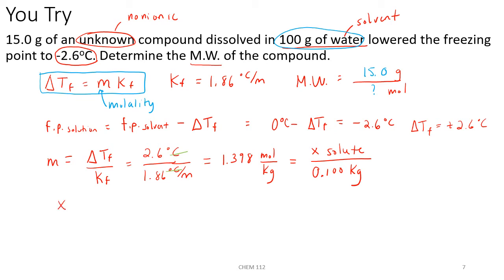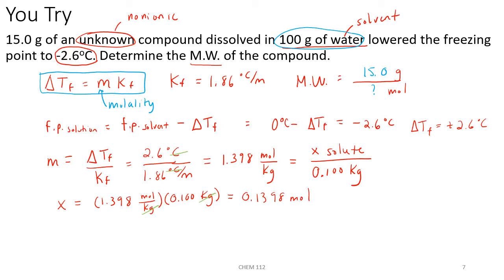We can solve for the moles of solute by multiplying the molality, 1.398 moles per kilogram, times our denominator, 0.100 kilograms. We can see that the kilograms will cancel and we're left with units of moles now, which is what we were after. So the moles will end up being 0.1398.